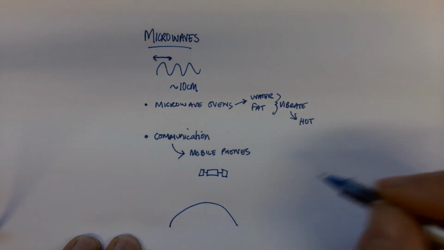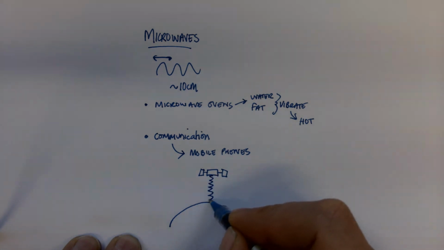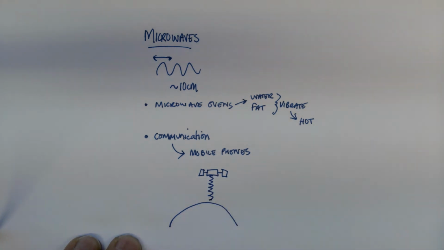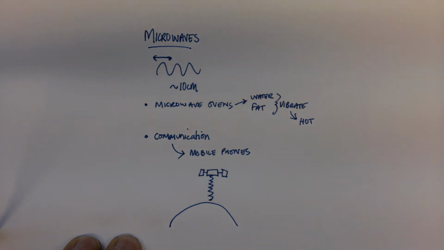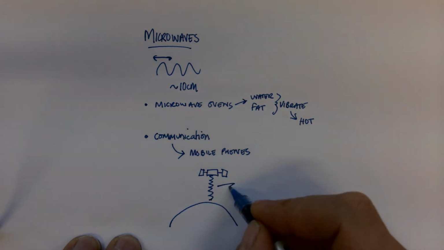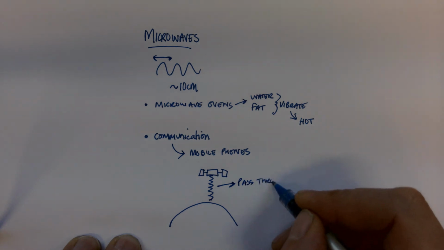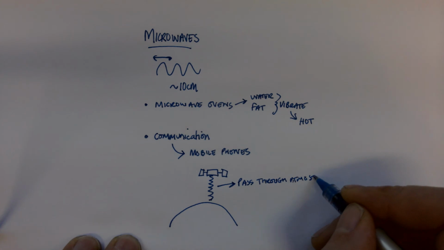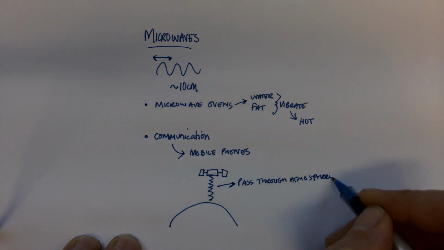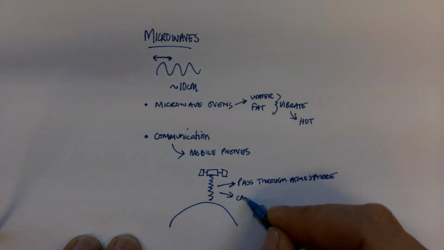But it turns out that microwaves have a property where they are able to go straight through the atmosphere. And because they've got quite a high frequency and a short wavelength, they can carry lots of information. So they can pass through the atmosphere, which is useful, and carry lots of information.